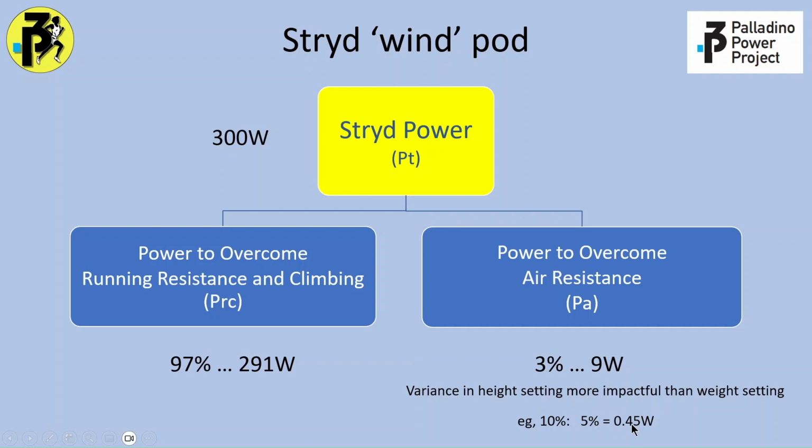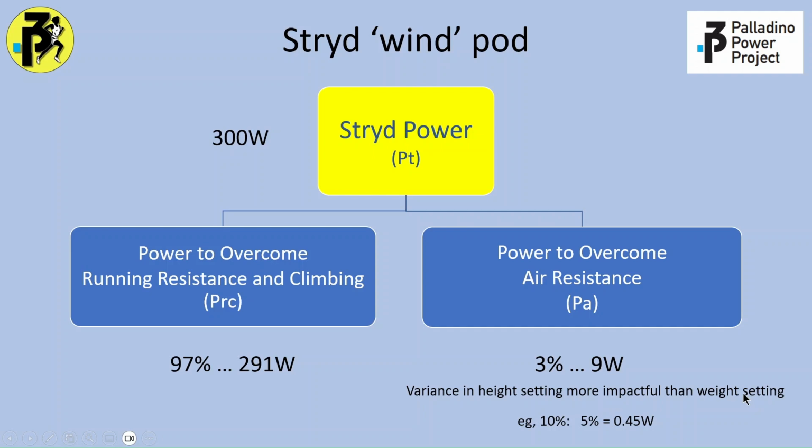That's only 0.45 watts. So with weight setting at 70 kilograms, it's 9 watts, but they're really 77 kilograms. The reported total watts would be 9.45, and this would be 300.45 if weight setting was true.